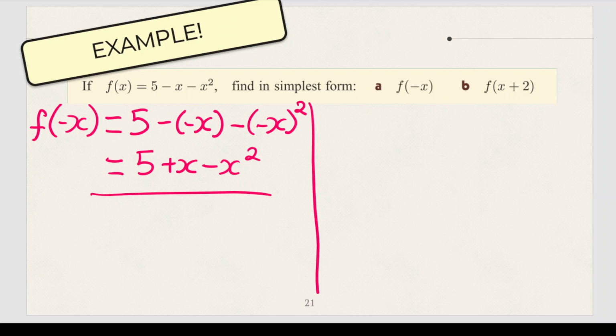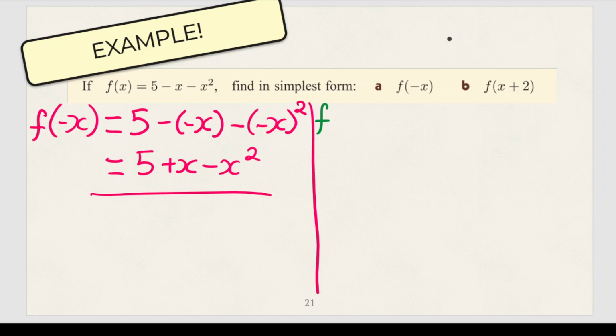Kind of similar to what we had in our original function, but you can see that the sign has changed for our x here. Hasn't actually changed anything about the x squared. Looking at part B, we've got f of x plus 2. So this is going to be a little bit more funky.